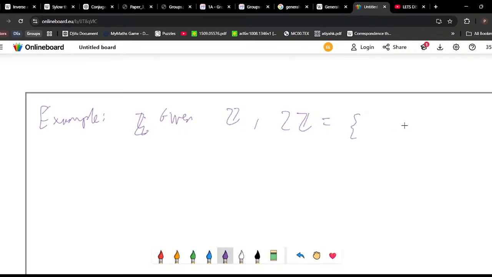So this would be dot dot dot, minus 2, 0, 2, 4, and so on. So cosets are just like we take everybody in our subgroup and multiply on the left, or the right if you want, but typically on the left, by some element of our group, and we look at the set that arises from that.